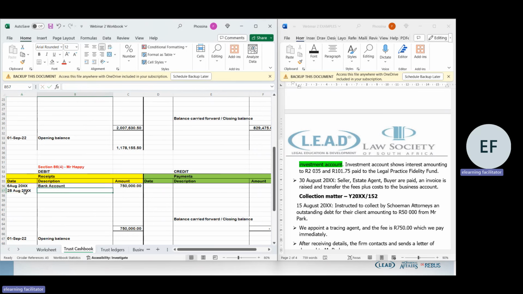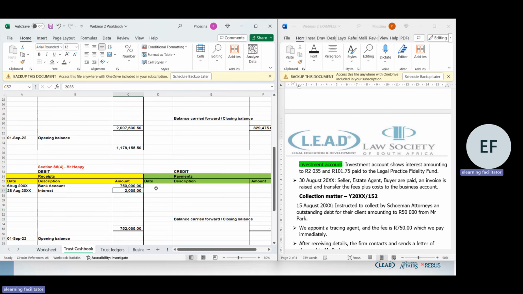And then there's interest. We record it in full. It has been received in the account. We do not split it to show this is for LPC or what. The bank will show the interest in full, and then after showing it in full, it will then show that it paid the LPC. Okay, so this is the interest in full.